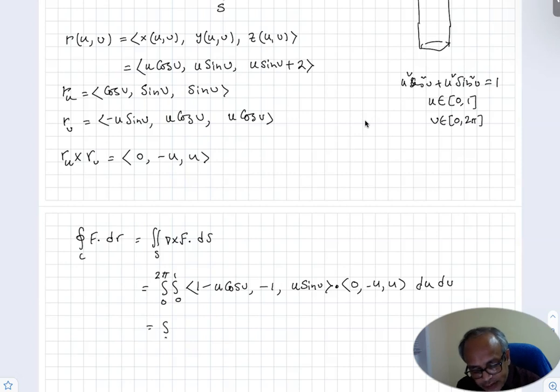Okay, so this one is straightforward. I have to do a dot product, and you can see that on the right vector the first element is 0, so that makes things simple. The second element is minus 1 times minus u, which is u, and the third element is u sin v times u, so plus u squared sin v, du dv.